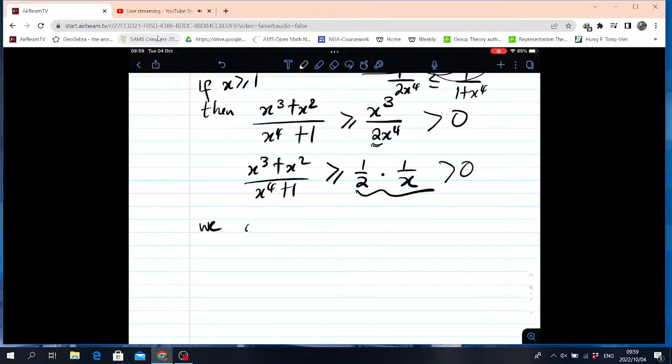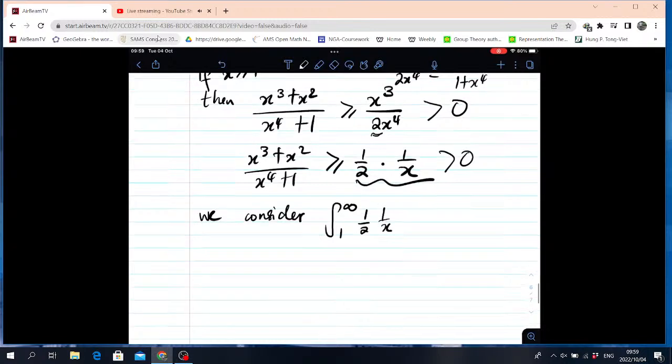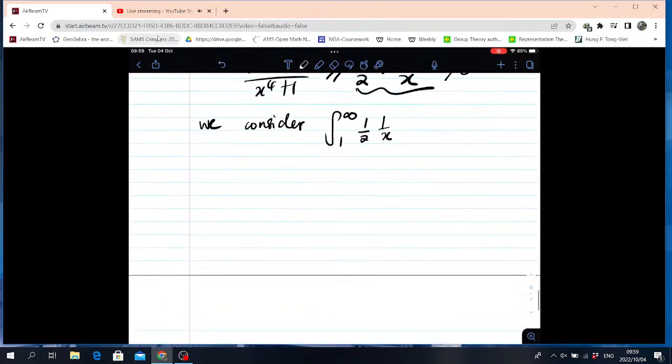So we now consider the integral from 1 to infinity of half of 1 over x, which is obviously going to be half. We can take out the scalar there, and then we are left with that. So we know that if this diverges, obviously half of that would also diverge.